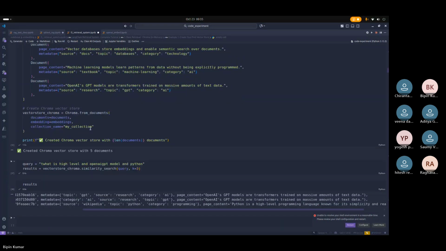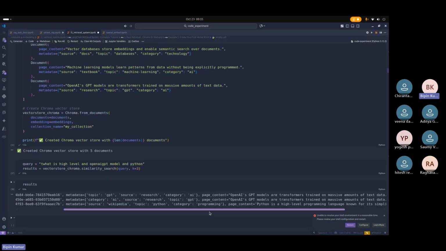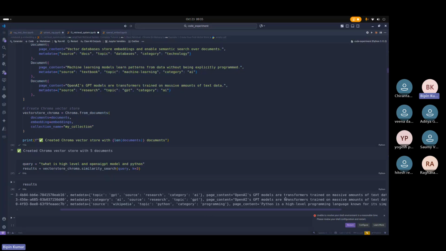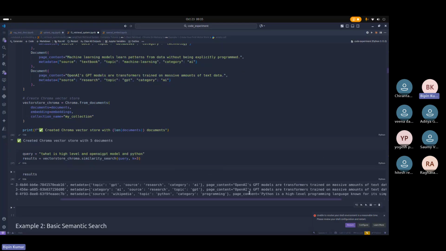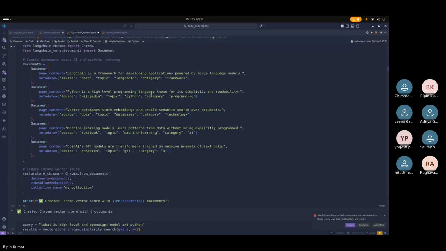So what is high level? There are 3 things, 3 outputs it is giving. OpenAI GPT model are transformer, trained on massive amount. So this is the first thing it is giving. Second thing it is giving, the Python is a high level programming language.